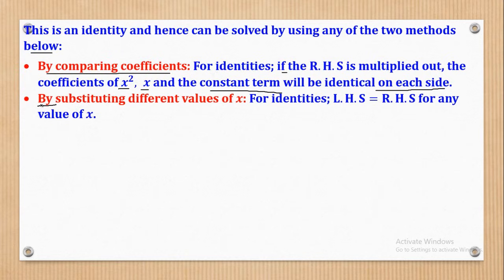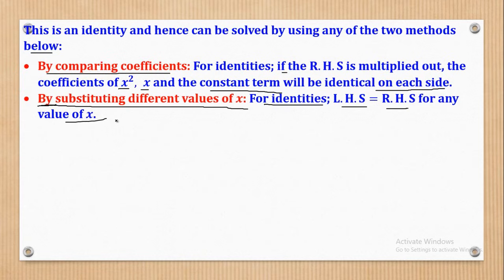Then the second method is by substituting different values of x. So you look for suitable values of x and substitute in the identity. So you know that for an identity, left hand side is equal to right hand side for any value of x. So you just look for any suitable value of x and you substitute in both left hand side and right hand side, and you get an equation now which can be solved.